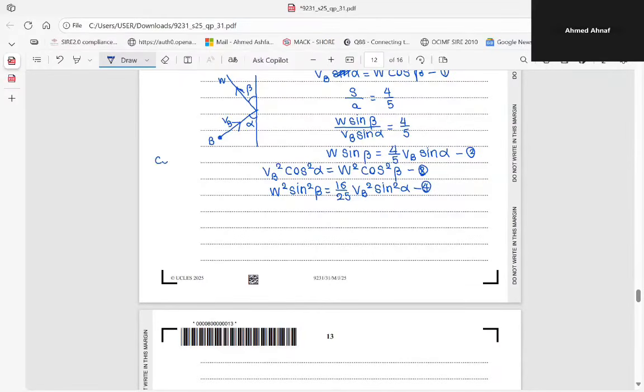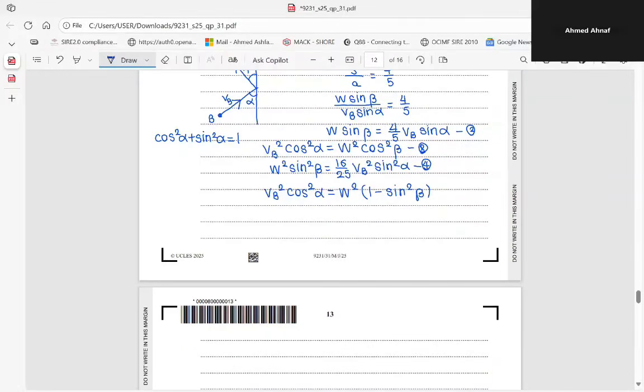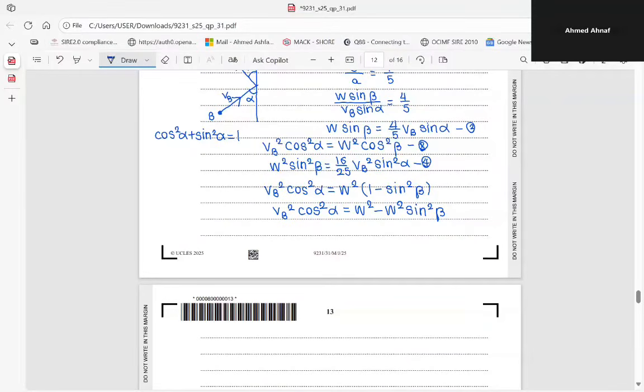So we'll use cosine squared alpha plus sine squared alpha equals 1. And we will substitute it. So VB squared cosine squared alpha, we can equate it to W squared times 1 minus sine squared beta. Then expanding it, we get VB squared cosine squared alpha equals W squared minus W squared sine squared beta. And then we can use the fourth equation to substitute.